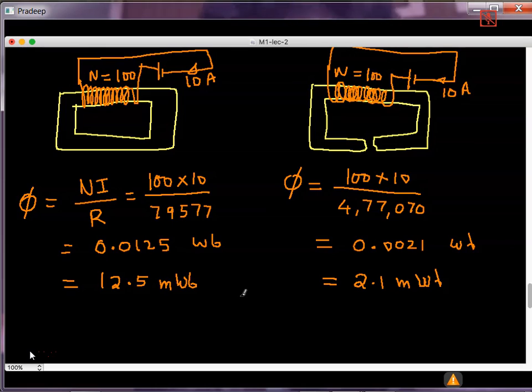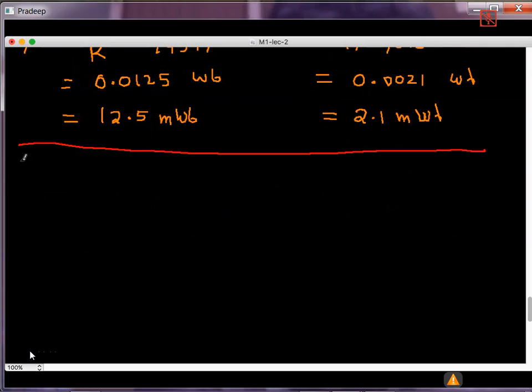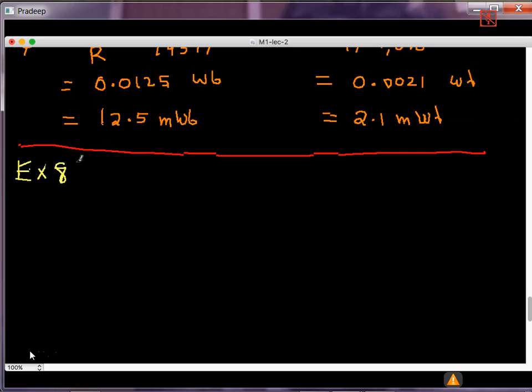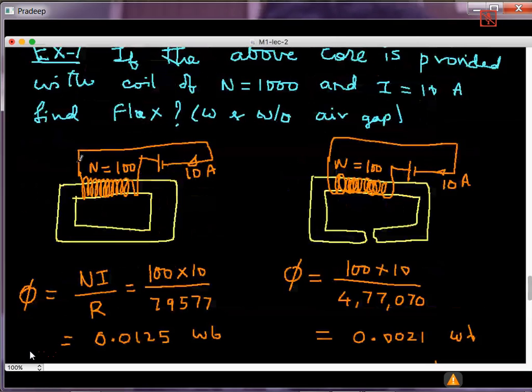So finally, one calculation let's do, let's call it example 7 or 8. Which one? Yeah, this is example 8.